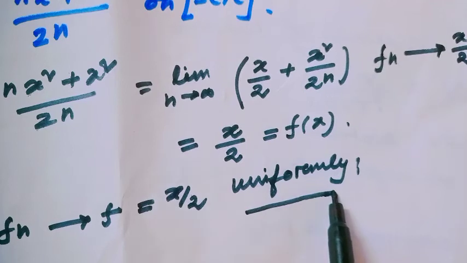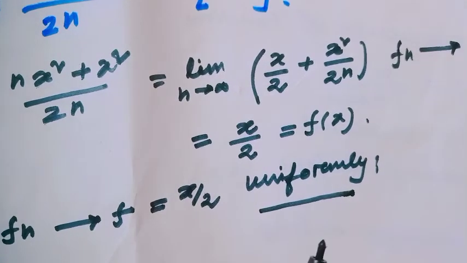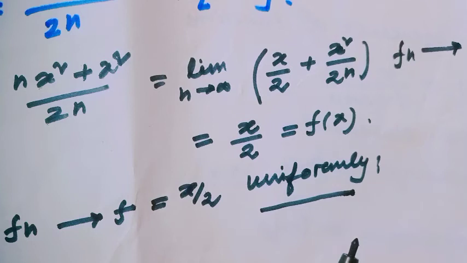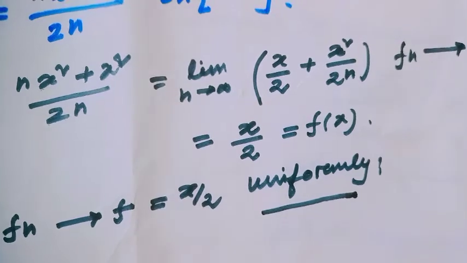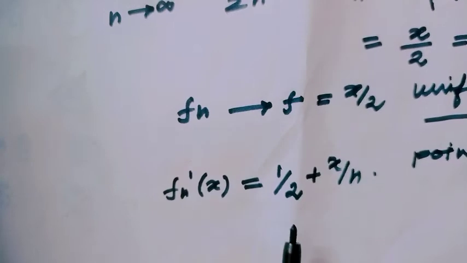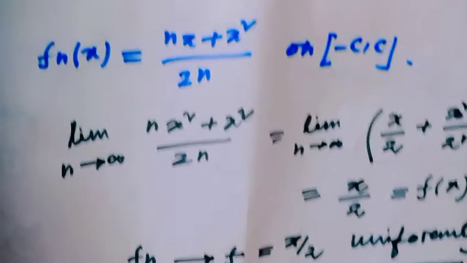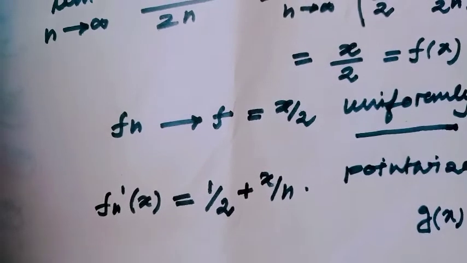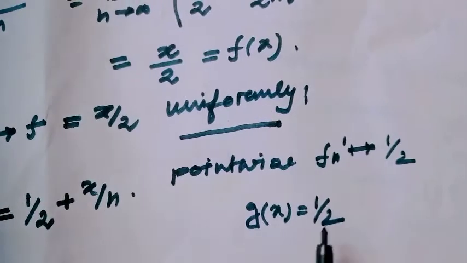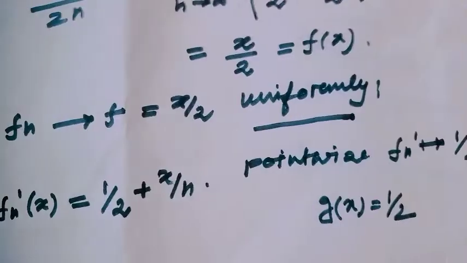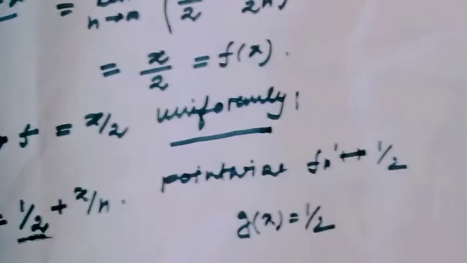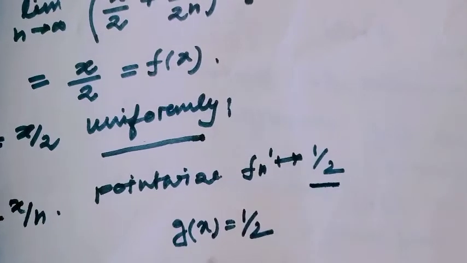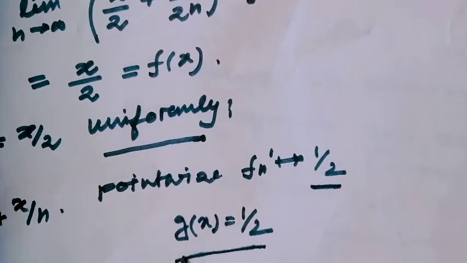Let's see. Now to find the uniform convergence, I will use the above theorem. Notice Fn dash equals, obviously, half plus x over n, and obviously this Fn dash pointwise converges to half. That means g(x) equals half.